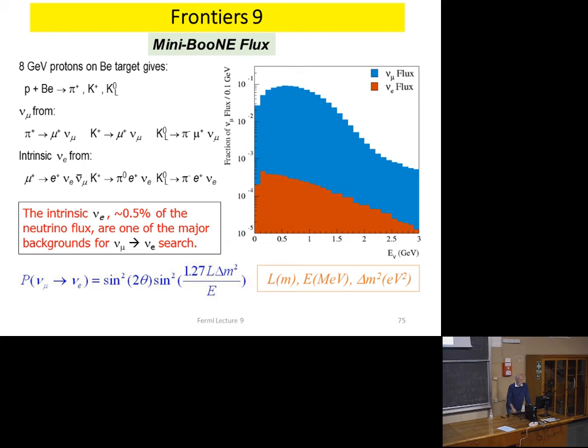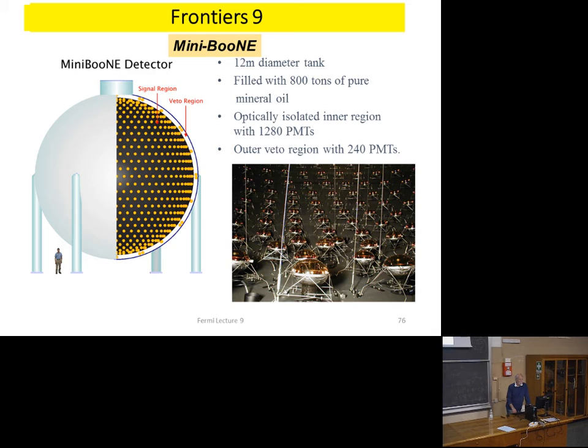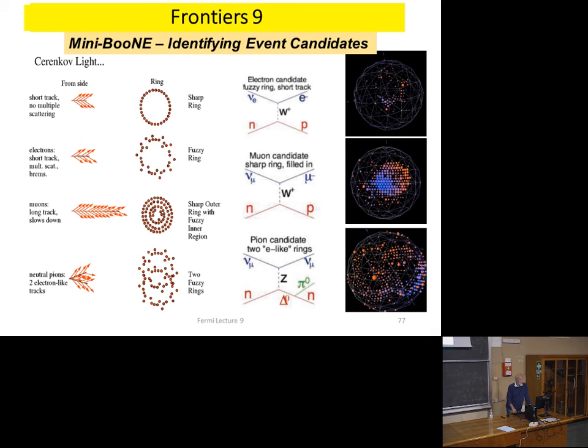So they go through what's called MiniBooNE at Fermilab. They have ways to actually image these different products in a very nice way. These are showing the differences in the patterns that they see in the detector, depending on which reaction they're looking at.